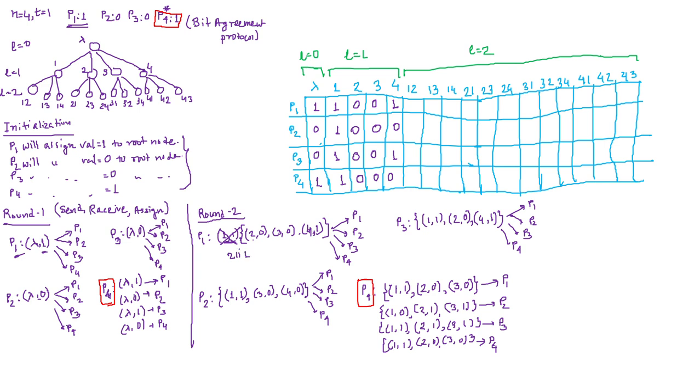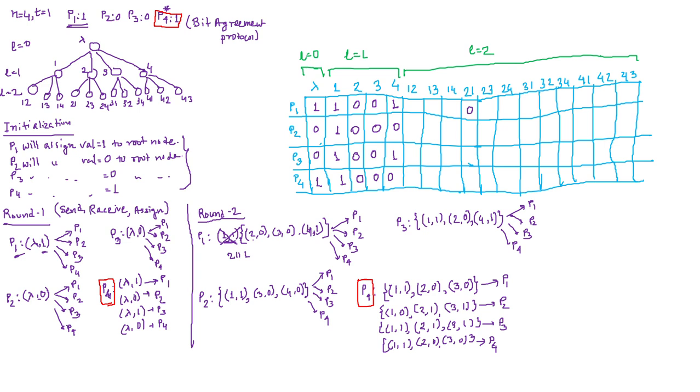That is, the node with tag 2, 1 or label 2, 1 will receive the value 0.